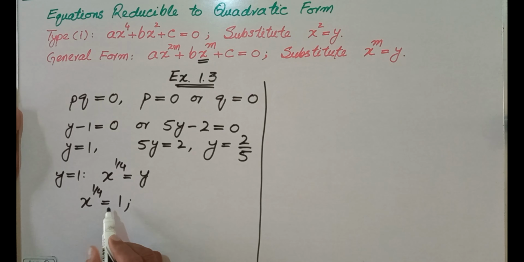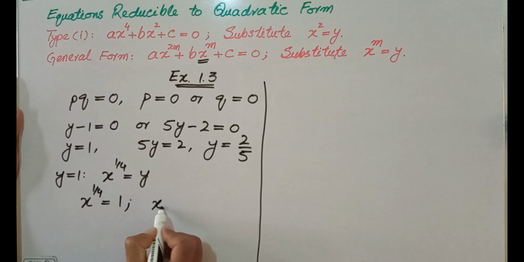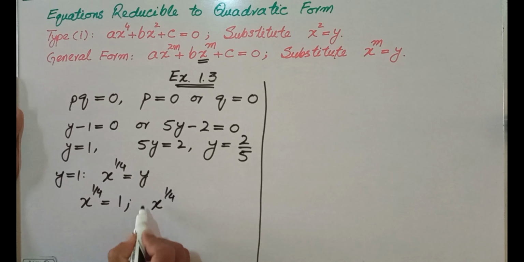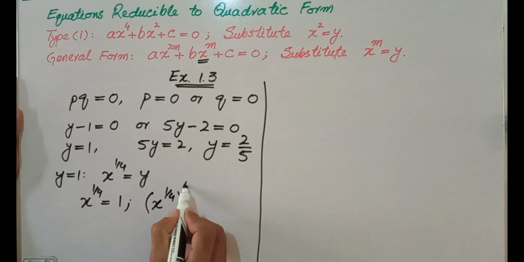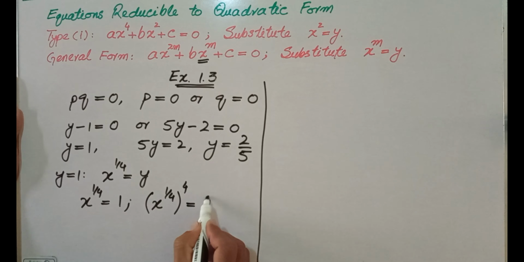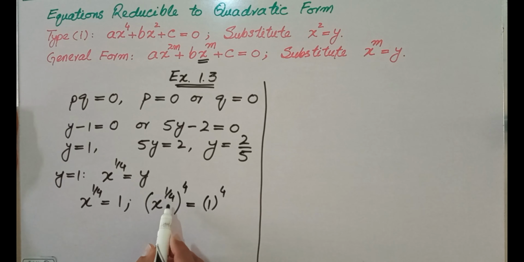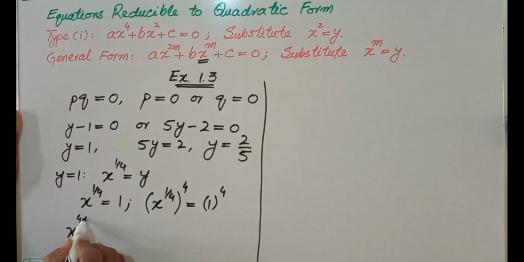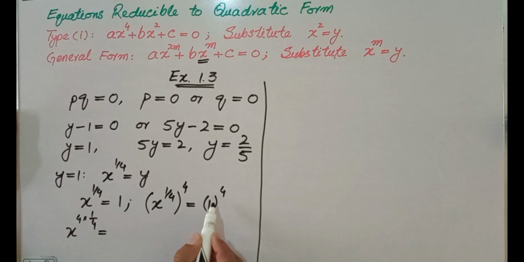In order to solve this for x, we'll take power 4 to both sides. 1 power 4. Using the power rule, you see that 1 over 4 multiplied by 4, this becomes 4 into 1 by 4, and 1 power 4 is always 1. We get x is equal to 1.